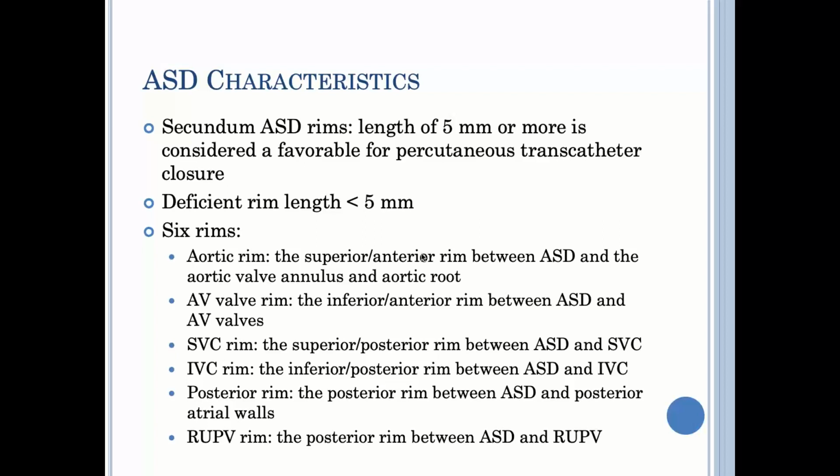You look at the TEE picture, especially the older Amplatzer device, it's like a Pac-Man that goes around there. So they can tolerate a slightly smaller rim on the aortic side, but everything else is more than 5. That seems to be my answer to this question. It seems to be what we hear from the interventionalists.